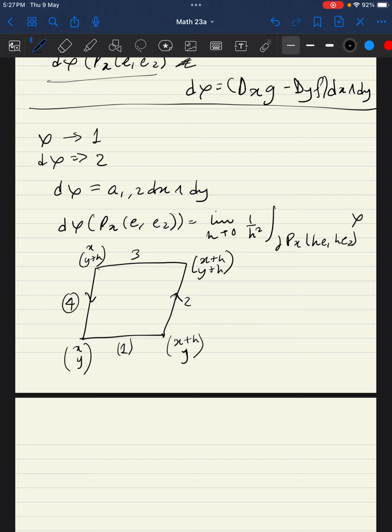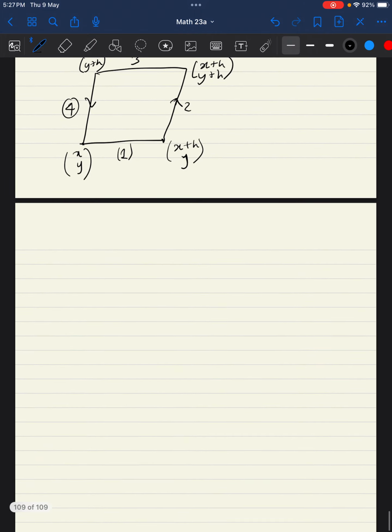Now we have all the points, and we have to calculate the values when we integrate along them. For the first segment, we can parametrize it as gamma of t equals x plus ht, y, because it's only the x component that's changing, and t ranges from 0 to 1.